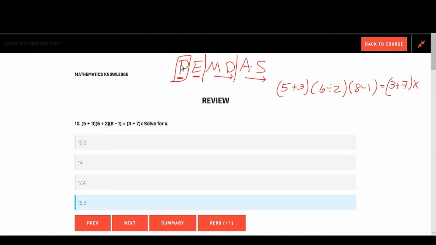Okay, so as I said, according to the order of operations, PEMDAS, we start with parentheses. So I'm going to go ahead and work out everything in parentheses. 5 plus 3 is 8. 6 divided by 2 is 3. 8 minus 1 is 7. 7 plus 3 is 10.